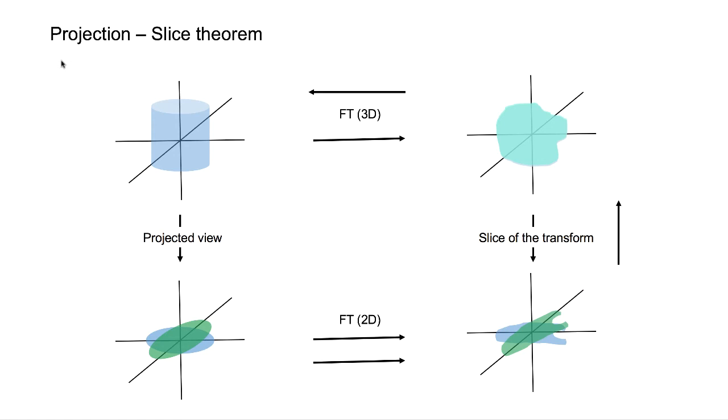Electron tomography is possible because of the projection slice theorem, which utilizes the Fourier transform.